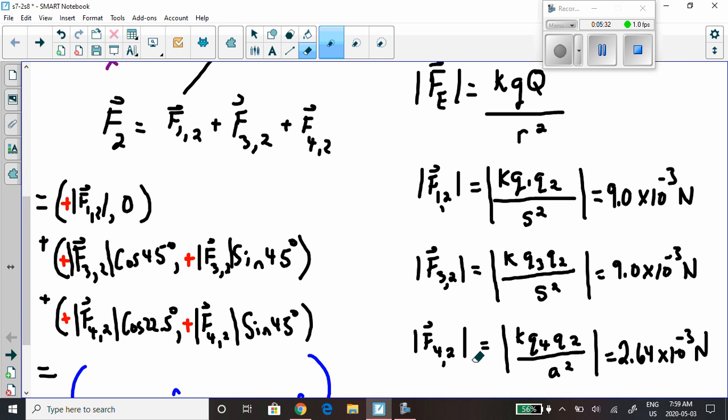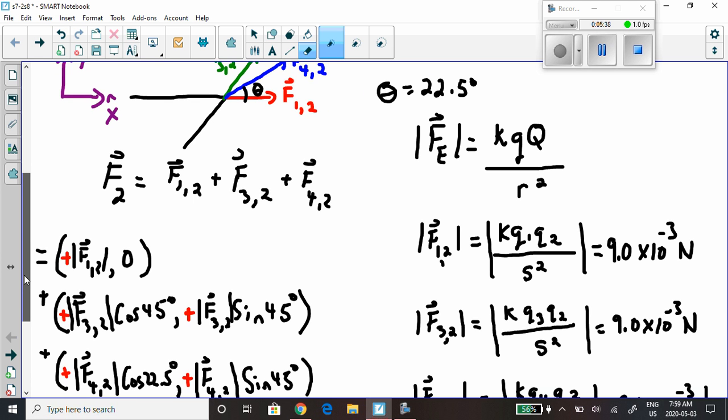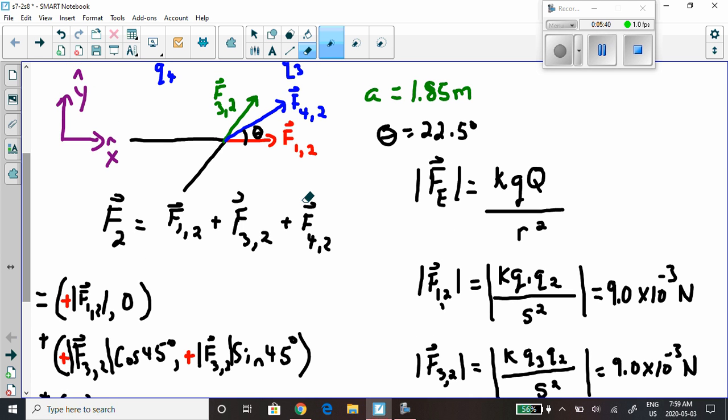Okay, so now we know the magnitudes. Since we know the magnitudes, we can now start to use the component method. We know that the force from Q1 onto Q2 is all along the x direction. So here it is, and now I'm going to break it down into components, and it's all x. So it would be the magnitude of charge Q1's electric force on charge Q2, and we know the magnitude.